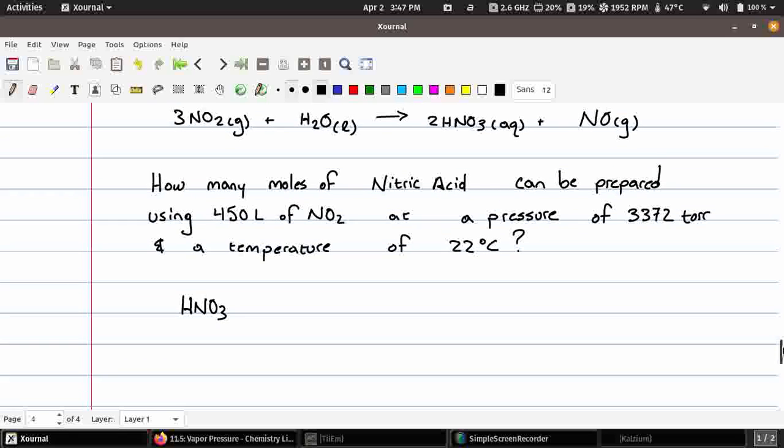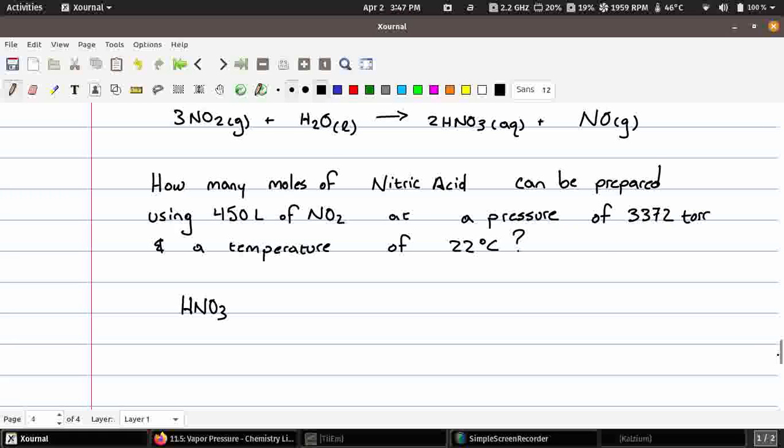Really nasty stuff. It's used industrially a lot to make many different things. So this is a stoichiometric relationship.